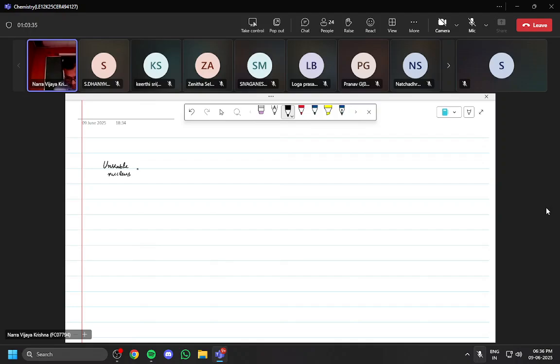So an unstable nucleus converts to a stable nucleus by emitting certain particles. Those particles may be alpha, beta, gamma, neutrino, neutron, antineutrino, maybe positron also, and so on.